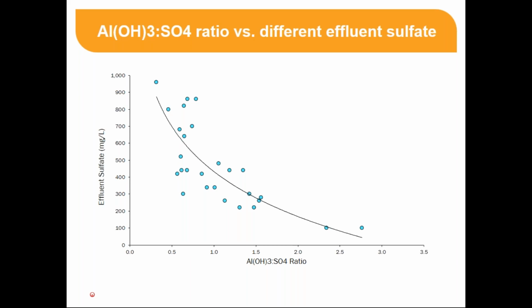When we started to increase our ratio, you can see that the sulfate started to get reduced in the effluent to less than 500 milligram per liter. But the disadvantage is, the higher the ratio, the more chemicals you add, and the more chemicals you add, the more operating cost you have. It's all a case by case scenario. If you want to get down to 50, yes, we can get down to 50, but you need to have at least a 3 to 1 ratio of aluminum hydroxide to sulfate, and similarly on calcium to sulfate also.